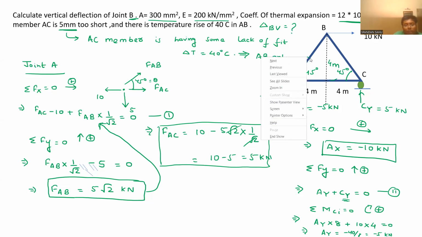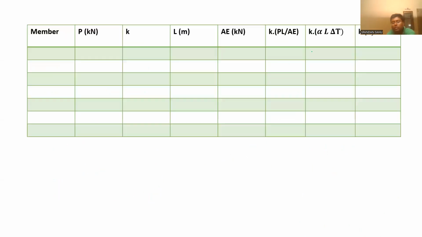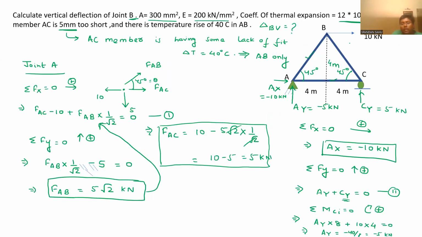Member force for FAB is also done. Now let us take this joint C to determine member force in member BC. We know CY, we have already got FAC that is 5 kilonewton, CY is 5.